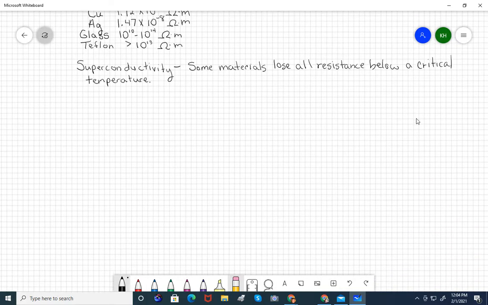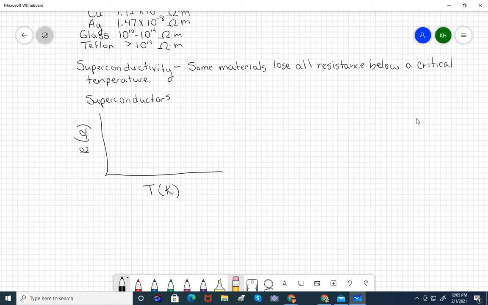It looks like this. For superconductors, if I make a graph of resistance, which of course is measured in ohms, versus temperature, which is typically measured in kelvins, it looks like this.